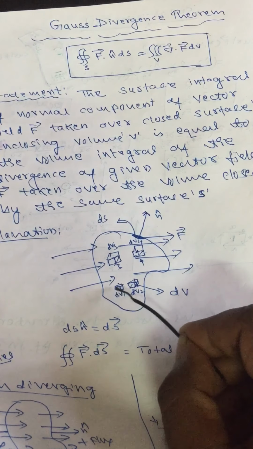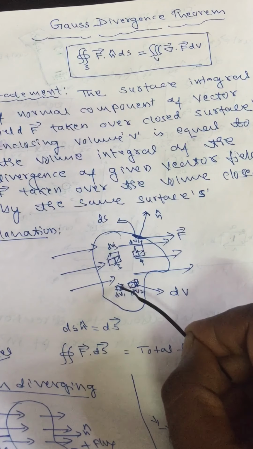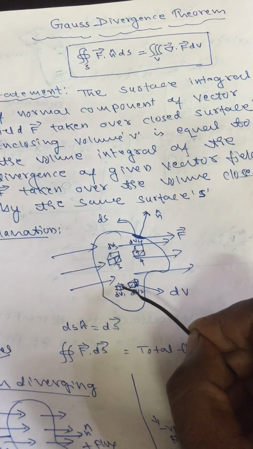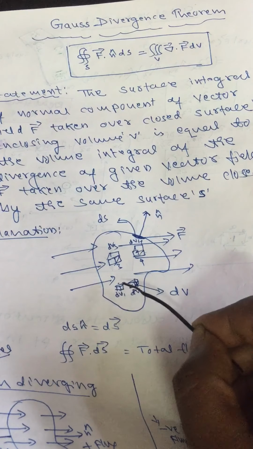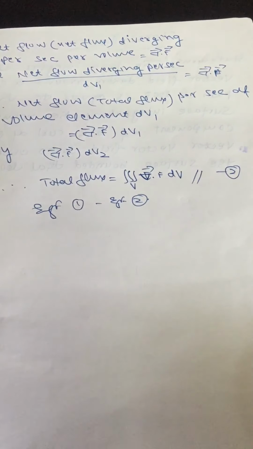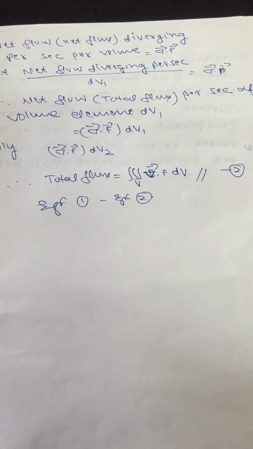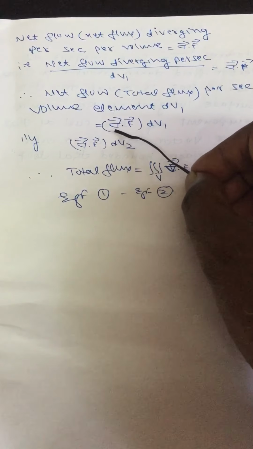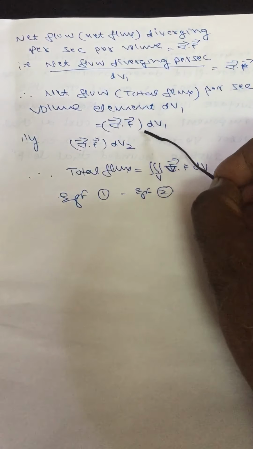So you consider the net flow diverging per second, and that gives delta dot f. That gives the net flow diverging per second per unit volume, that is del dot f into dv1.